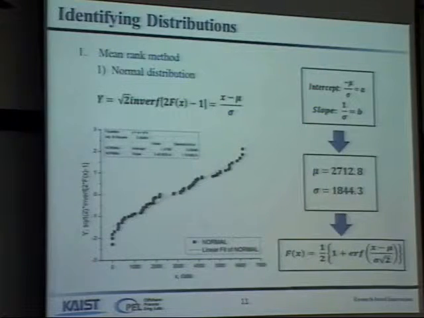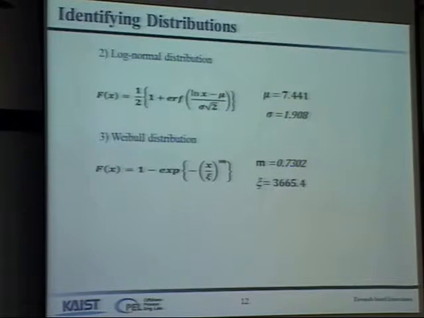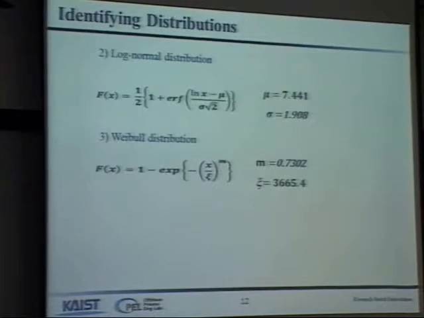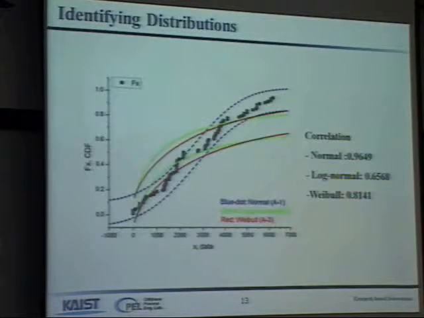We can obtain the parameters of the CDF, and then we can find the cumulative distribution function. In order to obtain the CDF for the log normal distribution and Weibull distribution, repeat these steps and find the parameters. And then the result is like this.